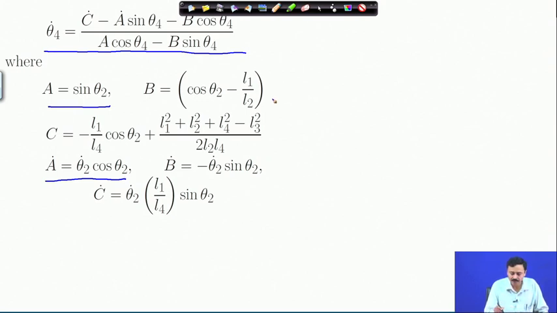Similarly, you can differentiate B to obtain this expression, and similarly you can differentiate C to obtain this expression. So, I know the expressions of A dot, B dot, C dot, and A, B, C are of course known. So, if I now substitute these expressions, then what do you find?